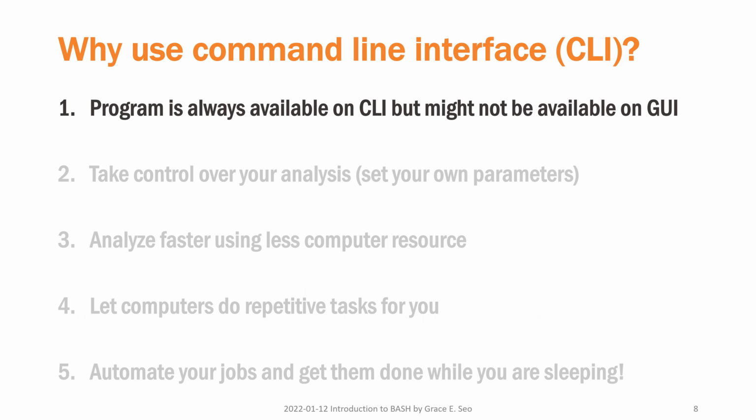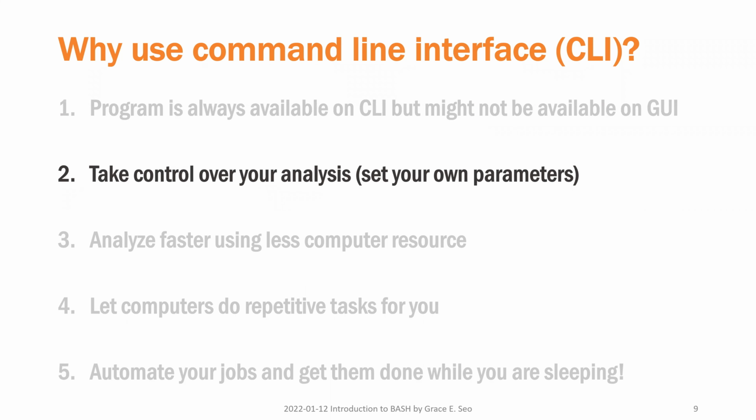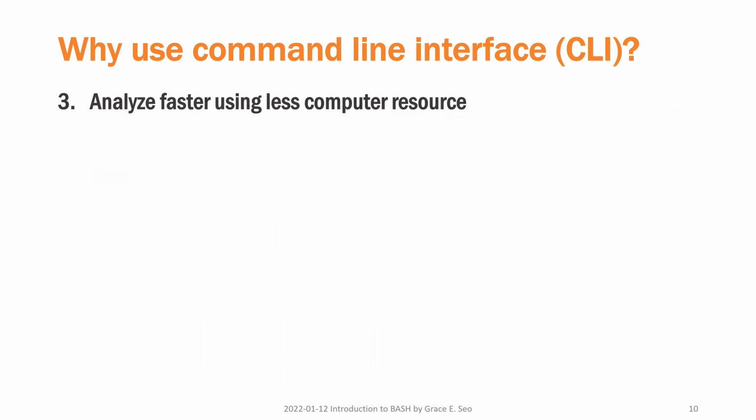When it comes to setting up your analysis, some GUI programs give very little freedom to users for changing parameters, to make it easier to use or due to reasons beyond this workshop. But if you use the command line, you're fully in control of setting your own parameters. Using the command line, you can also analyze data much faster with less computer resource.